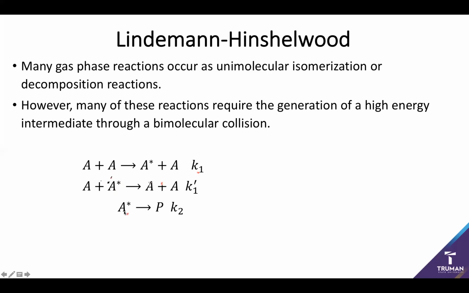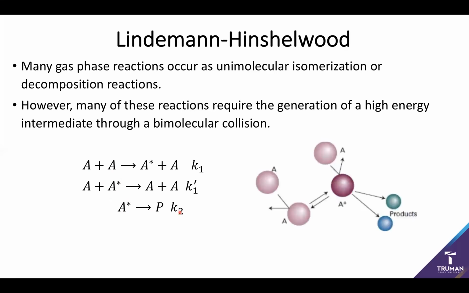But every once in a while, this activated or high energy molecule can undergo a conversion to a new product species, whether this is a decomposition or just a simple rearrangement. And this is going to happen with its own rate constant.